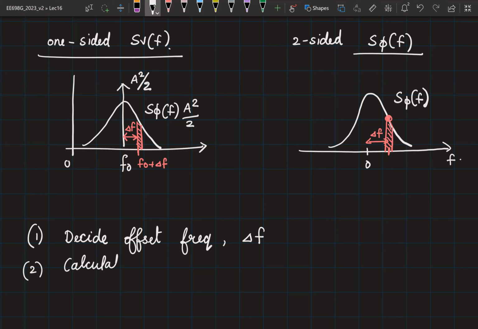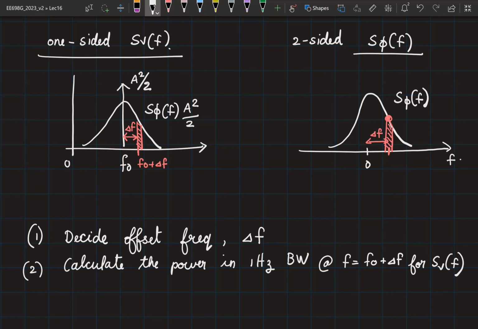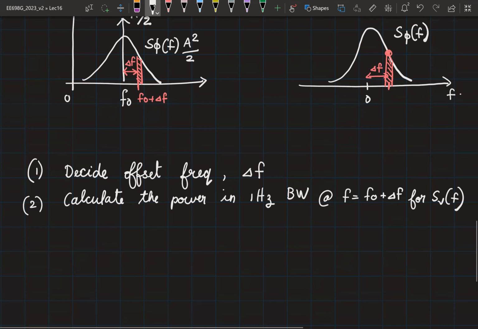So calculate the power in 1 Hertz bandwidth at f is equal to f naught plus delta f for SV of f. Okay. Third step is to, what should be the third step?